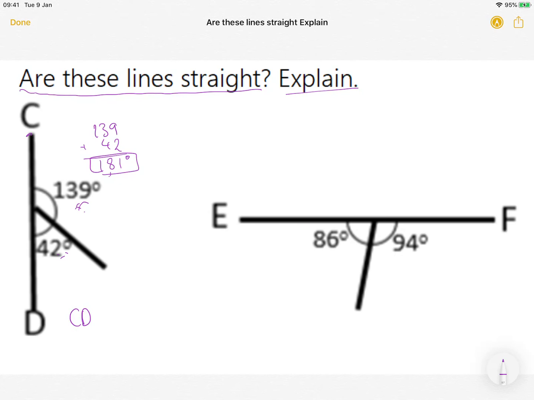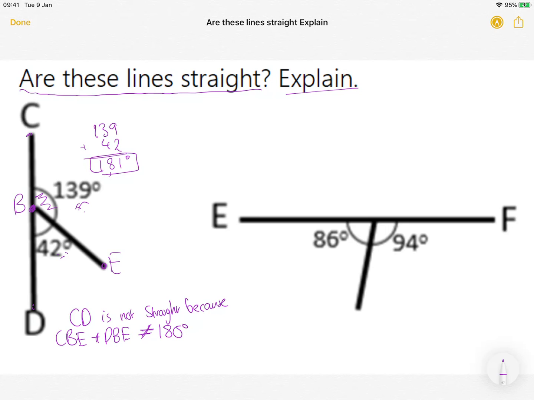CD, so C to D, that's how we would say this straight line. CD is not straight, because, let's use this notation, let's call this point out here E, and let's call this point here B, because CBE plus DBE is not equal to, that's a not equal sign, 180 degrees.